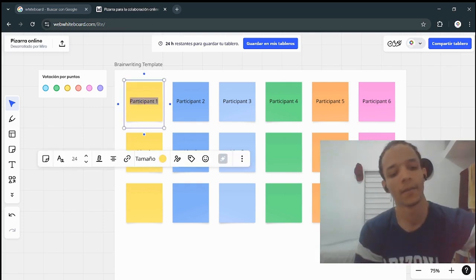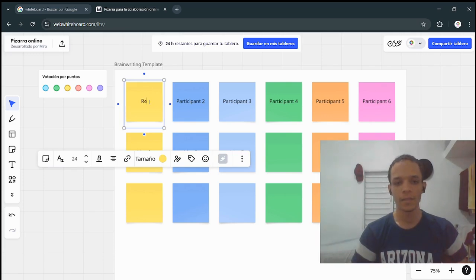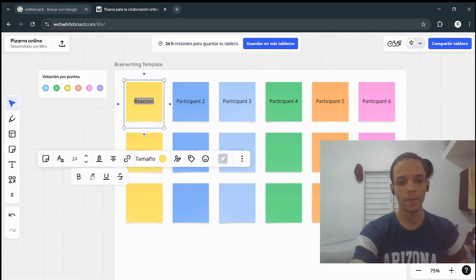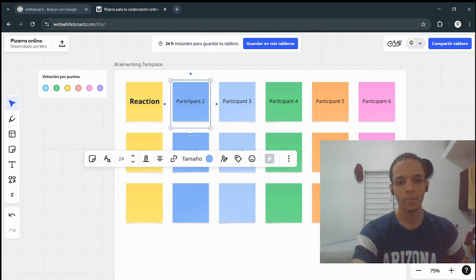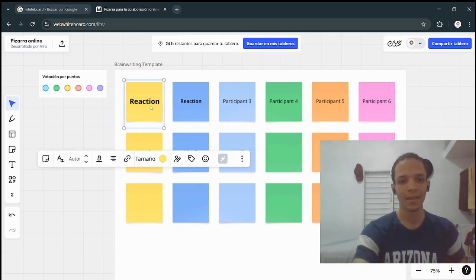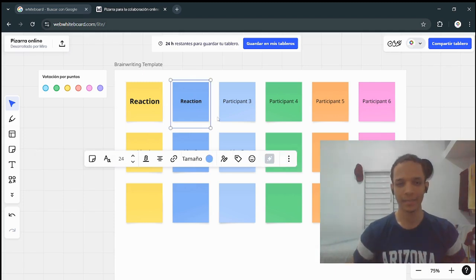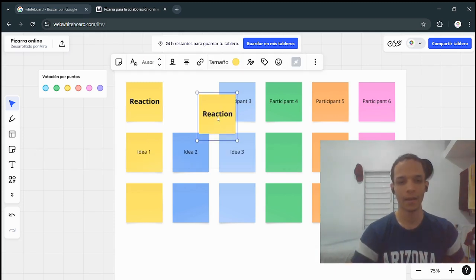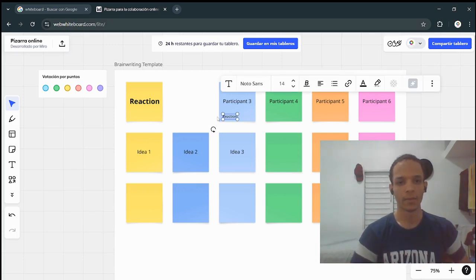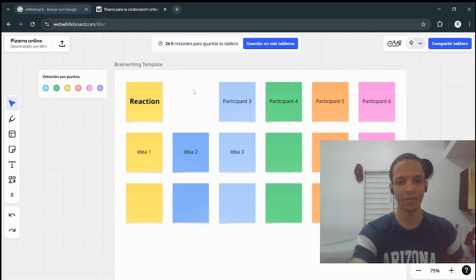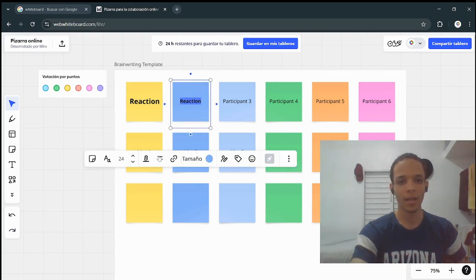This is going to be the title: Reaction. The reaction will be bold and size 32. Let's copy this text and put it here. Sorry, let's copy it like an element, erase it here and paste it again. No, that didn't work as I was expecting, so let's just change the size here.